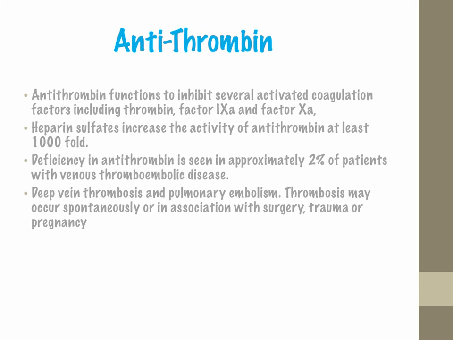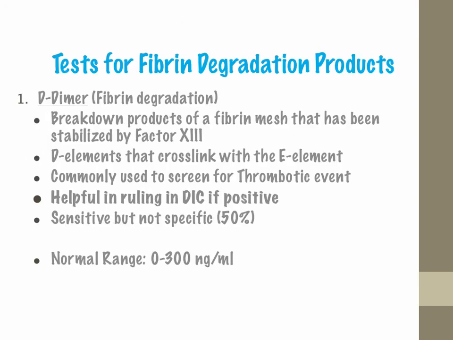So why did I even show you that slide? To let you know that there are antithrombin functions that inhibit activated coagulation factors. So this is very important, particularly in those who have venous thromboembolic diseases, because you want something that's going to break down those clots.